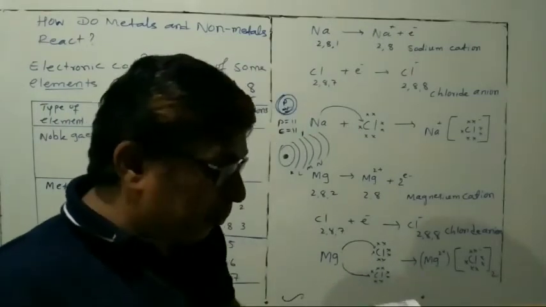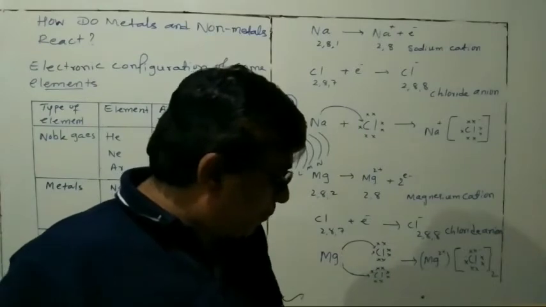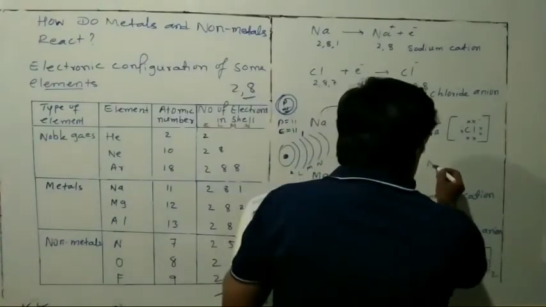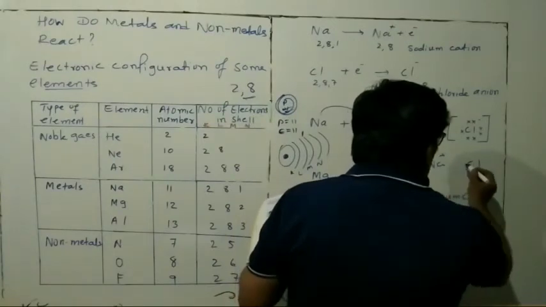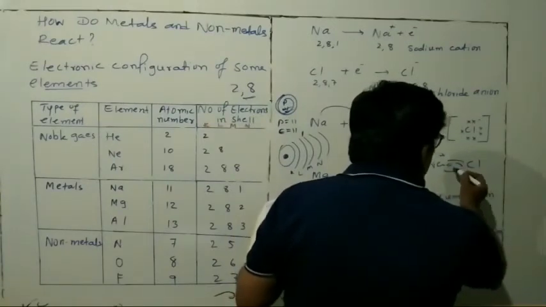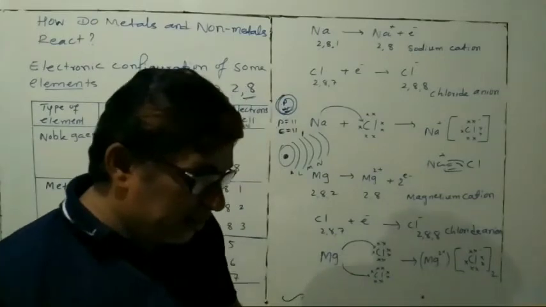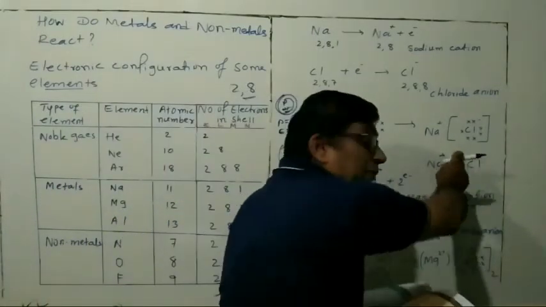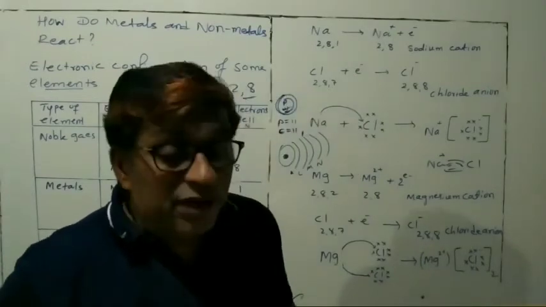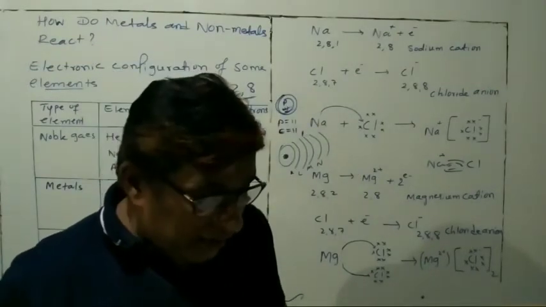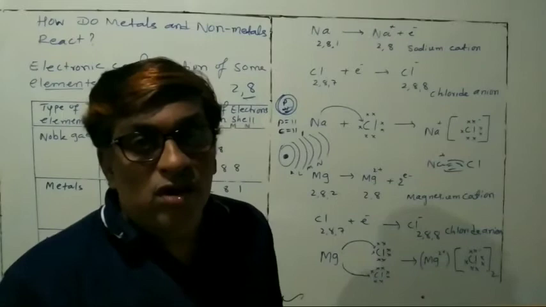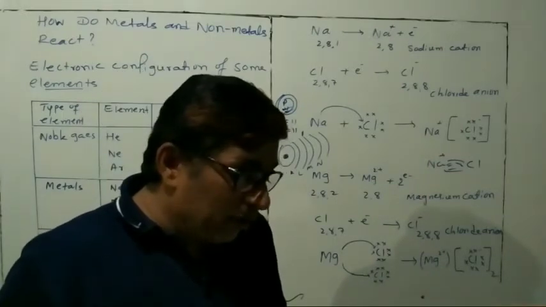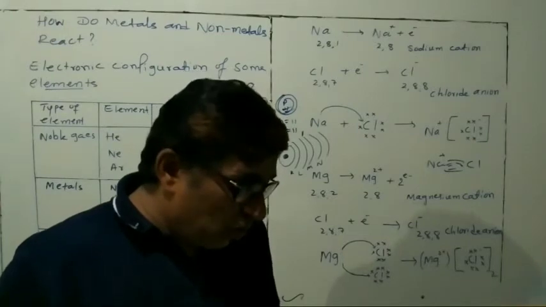So there is an attraction and they make a bond, and that bond is called an electrovalent bond or an ionic bond.